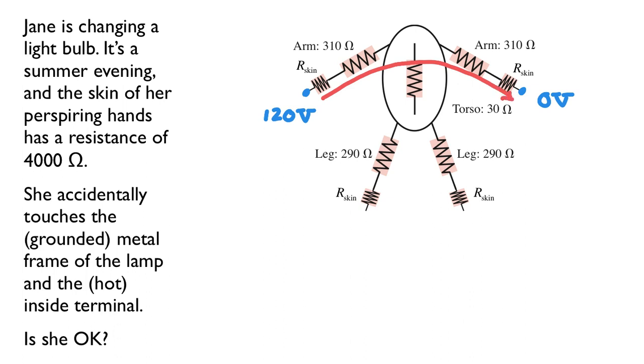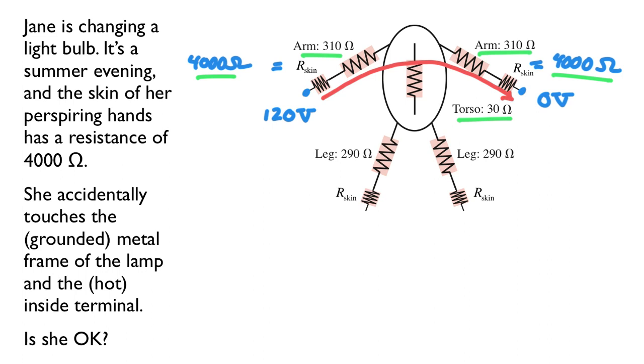We're told to assume that the resistance of the skin is 4,000 ohms, and that's going to be true on both hands. We can calculate the complete resistance of the current path: 4,000 plus 310 plus 30 for the torso plus 310 for the other arm plus 4,000 for the skin. I can compute the total resistance.